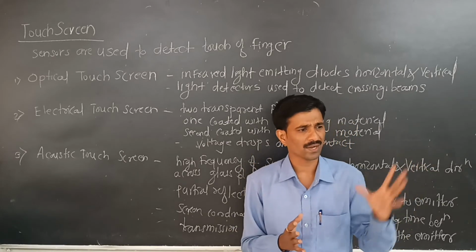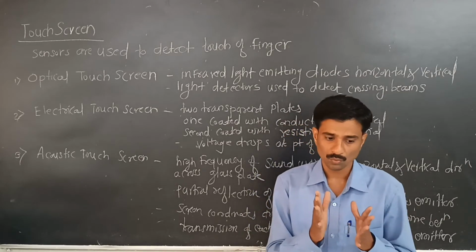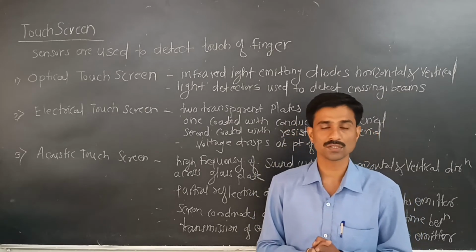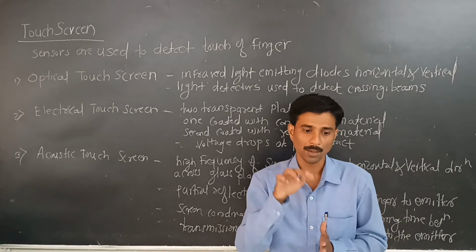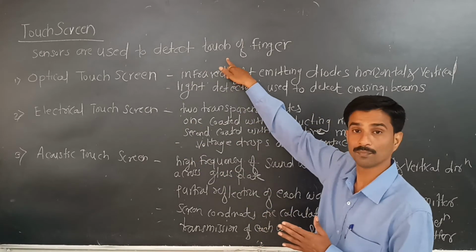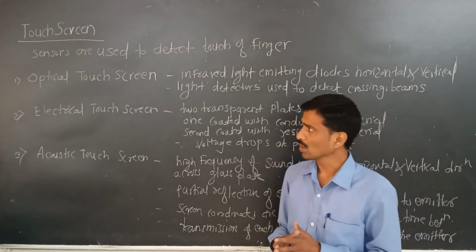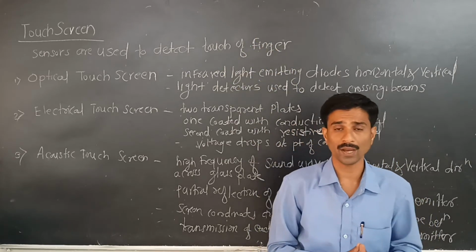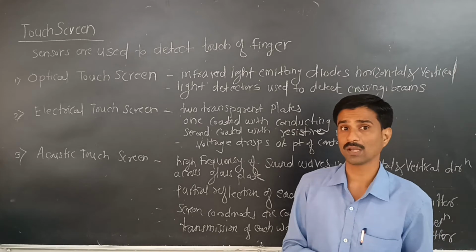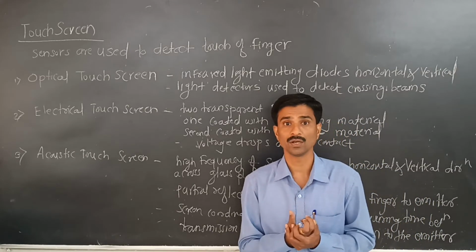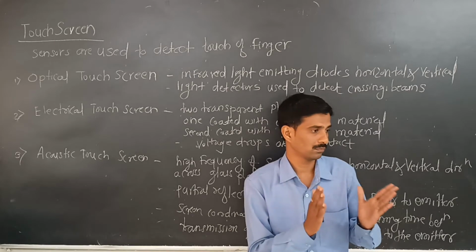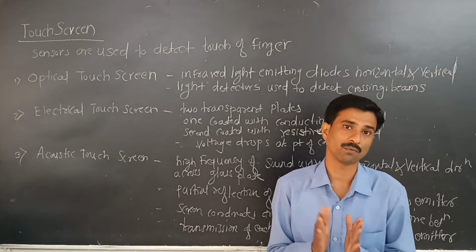So in varieties of devices the touch screen is used, and in every touch screen we make the touch of a finger. As I have told you, the touch is detected by the sensors. The sensors are the most important parts in every touch screen display device.